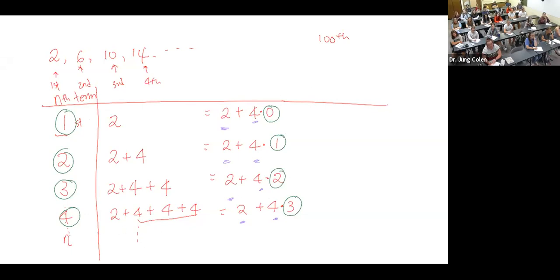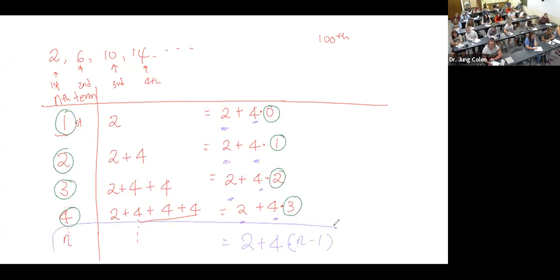We're going to keep the same numbers here, 2 plus 4 times, right? It's not going to change, but what's changing? That's always 1 less than the number of the term. So what comes here? n minus 1, that's one less.